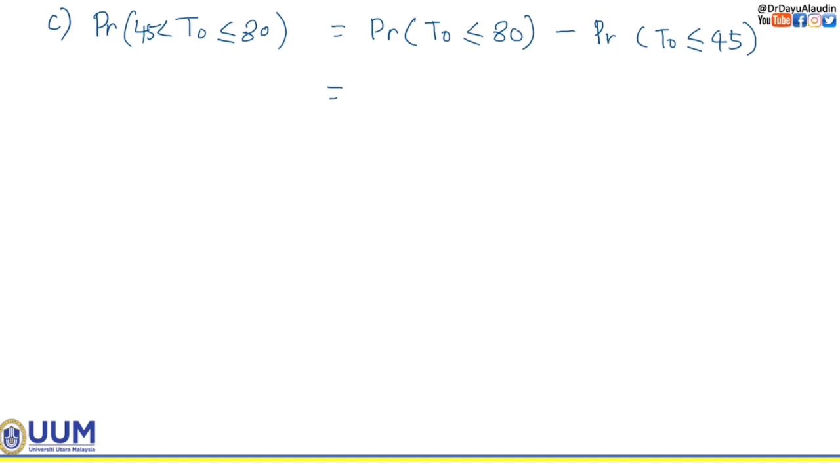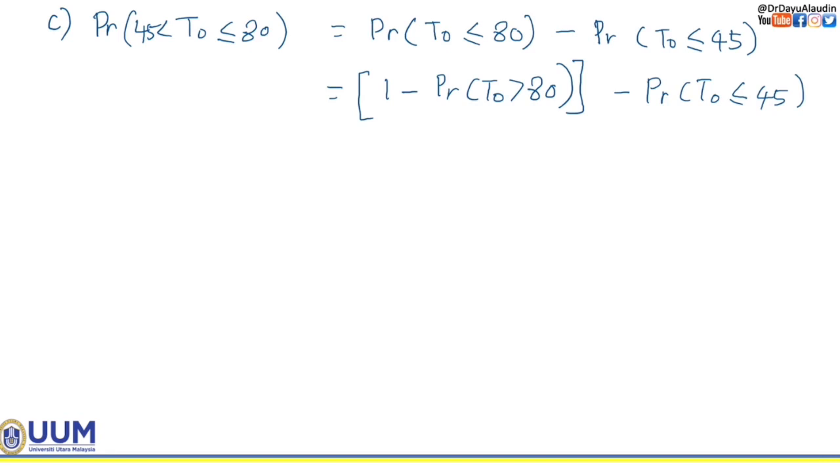So we can use 1 minus probability T0 greater than 80, minus the value from the previous equation.